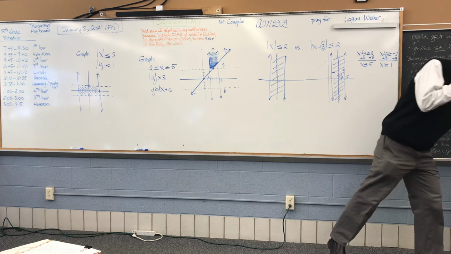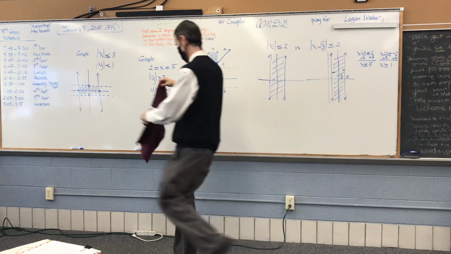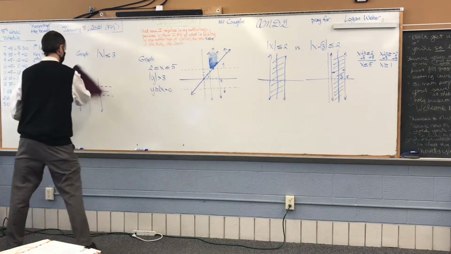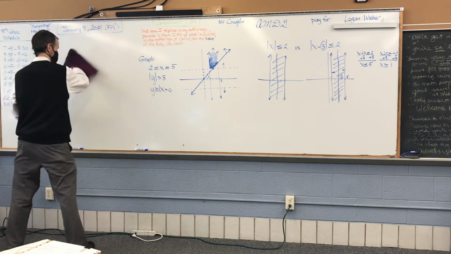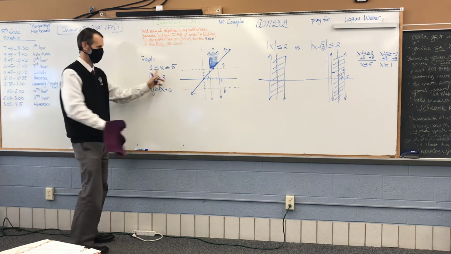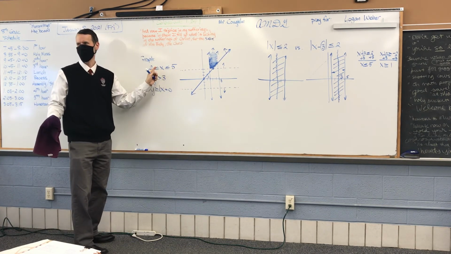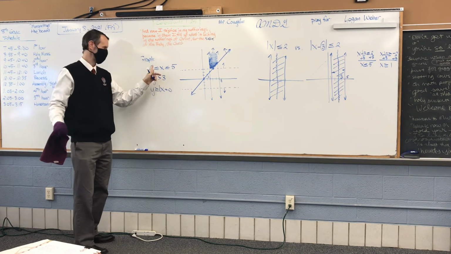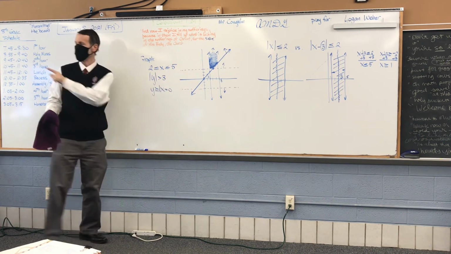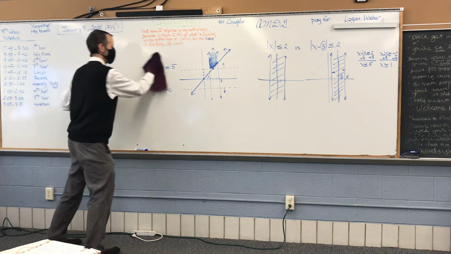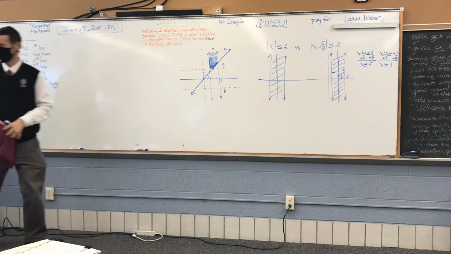Splitting still works on this. You notice it's a three-sided inequality, like a triple inequality. Everybody look up here for a second. These are triple inequalities. That means you can still do them.